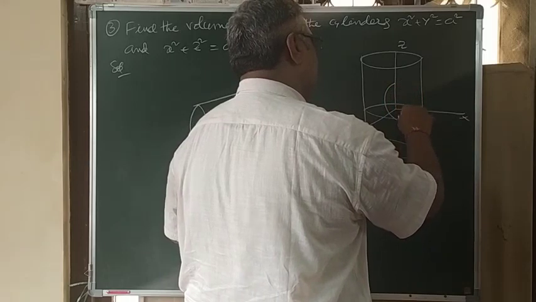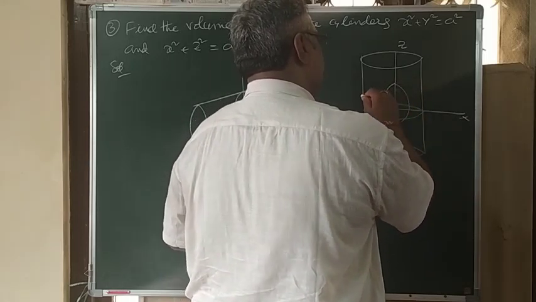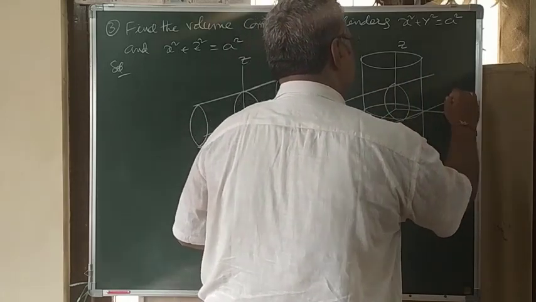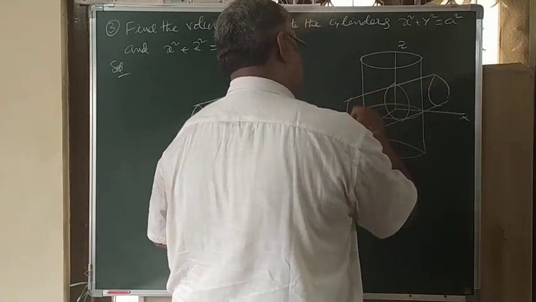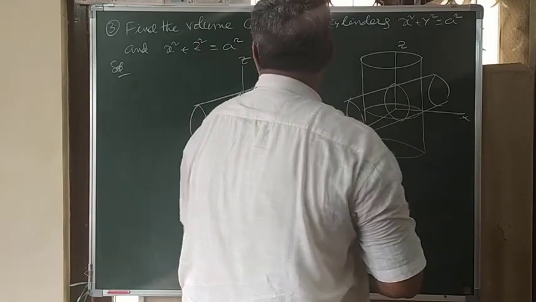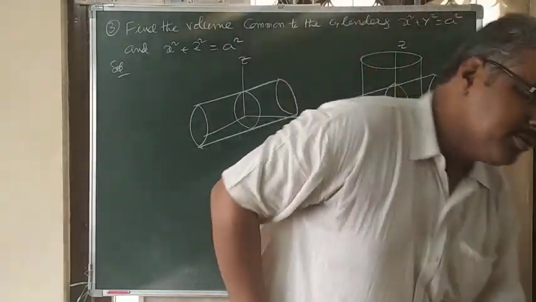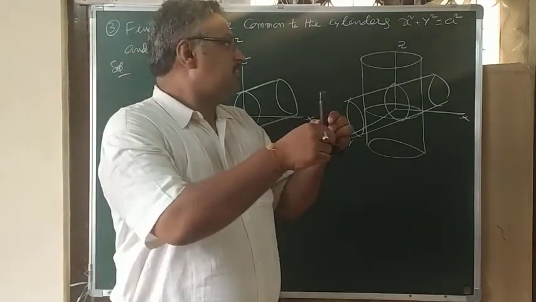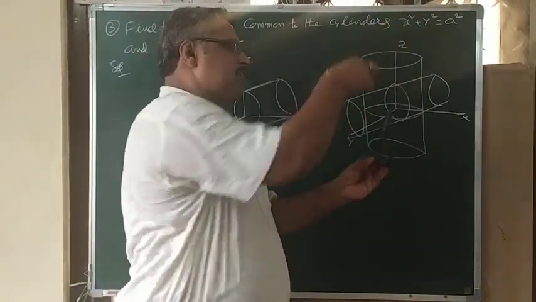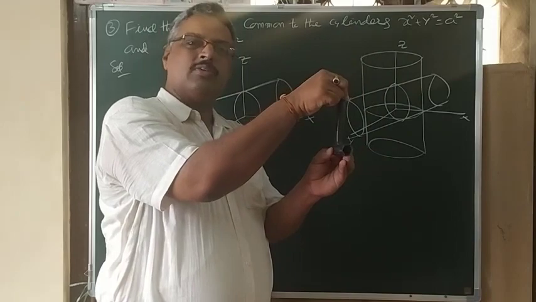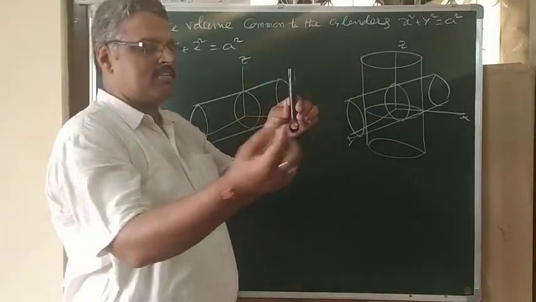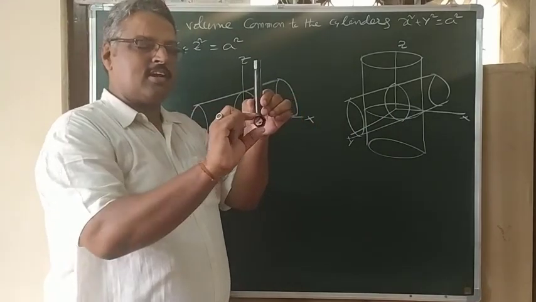What happened? You will get the cylinder. Both the radii are the same. Observe this one: this is a cylinder parallel to the z-axis, and another cylinder parallel to this one.